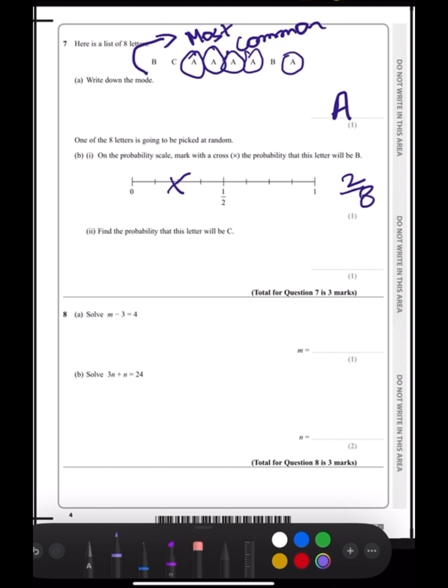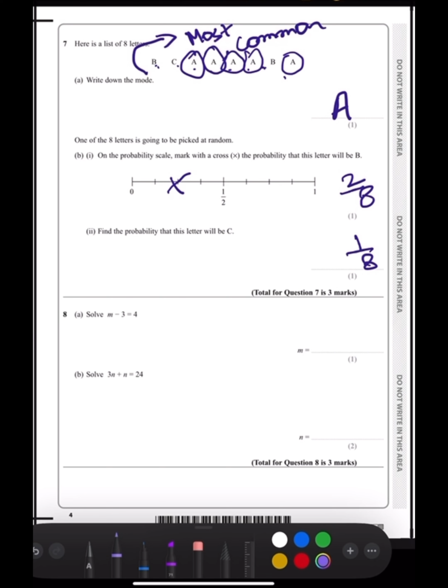And then our next question is, find the probability that this letter will be a C. As it has been repeated only once, we will simply write it as 1 over 8. So if I put it into a simpler explanation of why I got 2 over 8 and 1 over 8, we know that if we count this up as a total, 1, 2, 3, 4, 5, 6, 7, 8, there are 8 alphabets written.